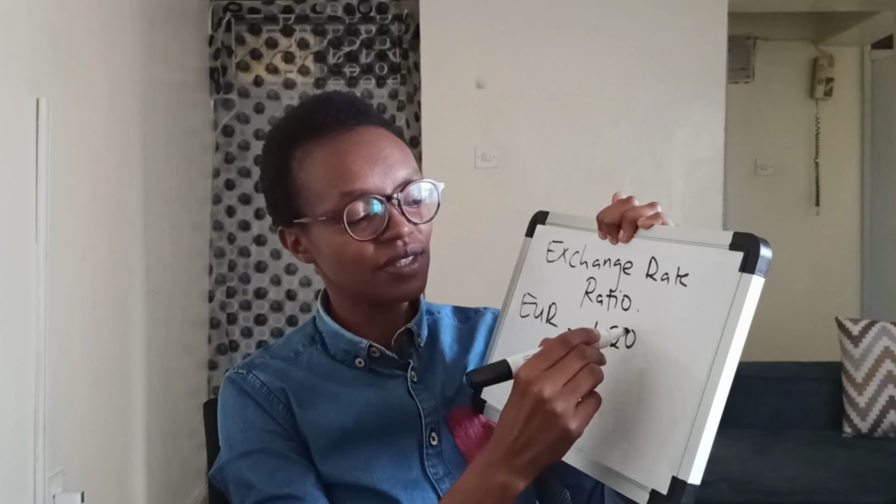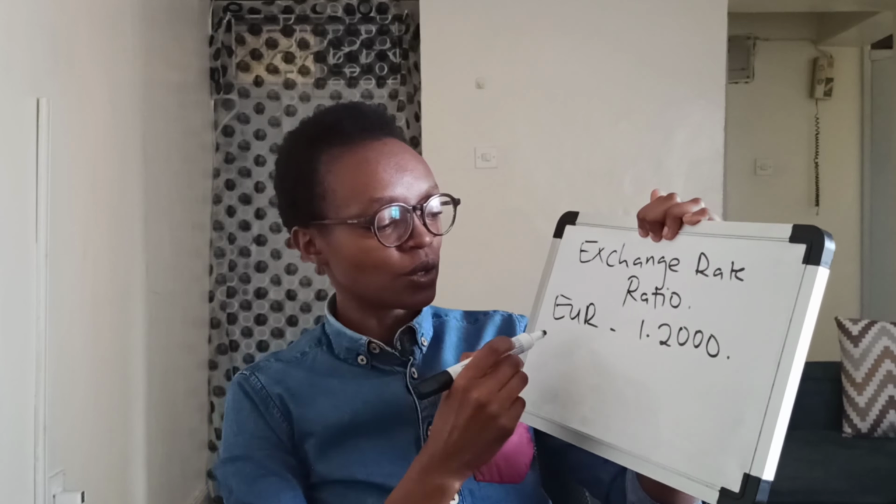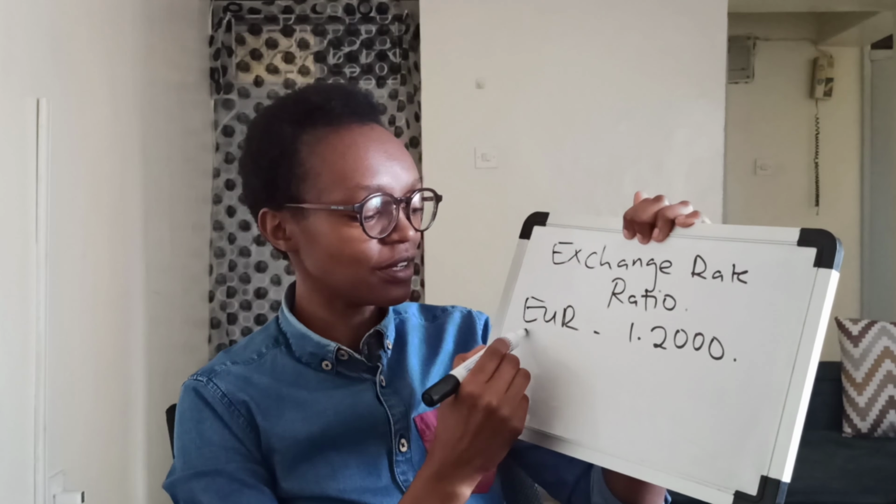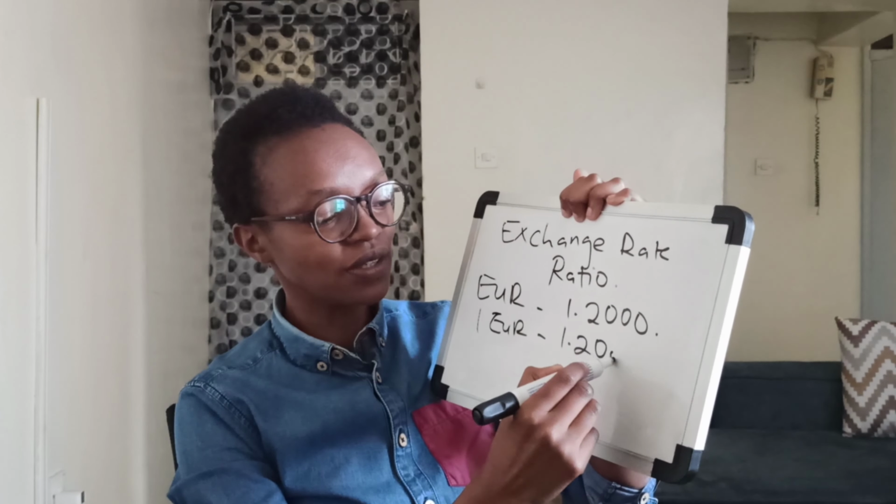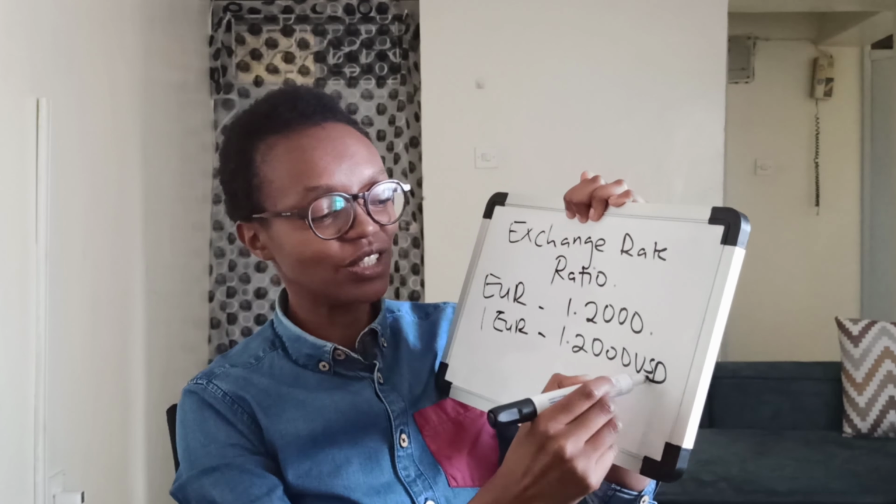Now let's move on to the second part of that equation, which is the exchange rate ratio. Let me write it down. Exchange rate ratio. I'll still use the example that I've used, euro dollar trading at 1.2000. We have already established that the value of €1 equals 1.2000 US dollars.